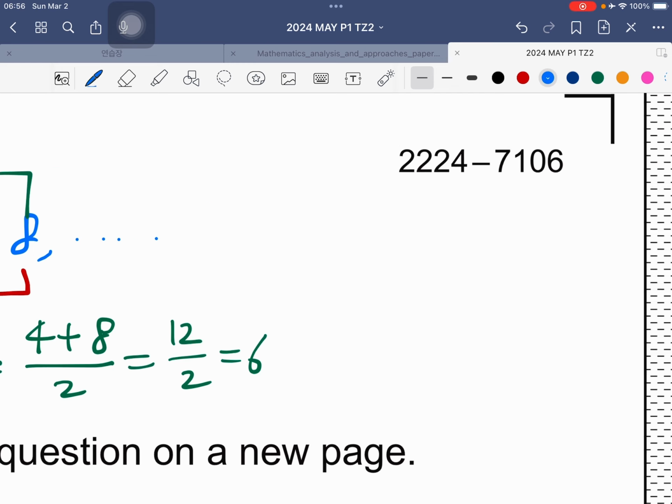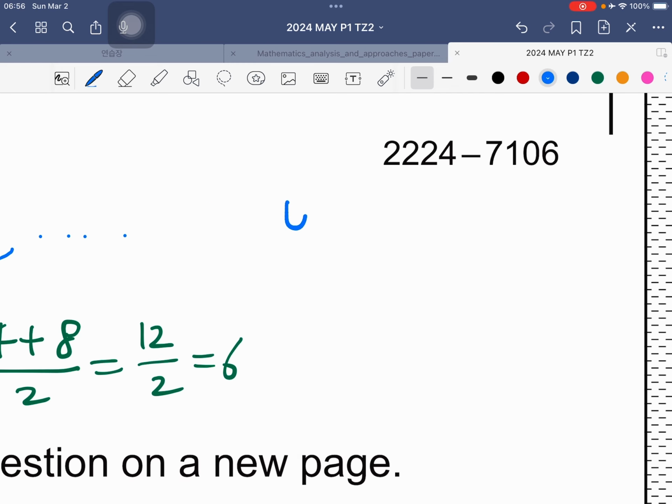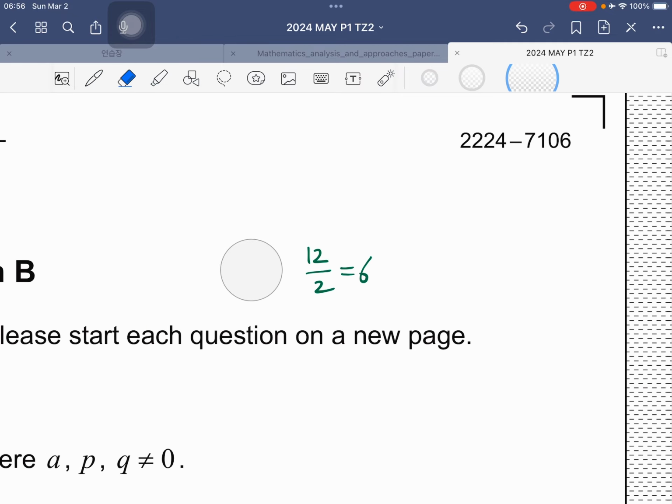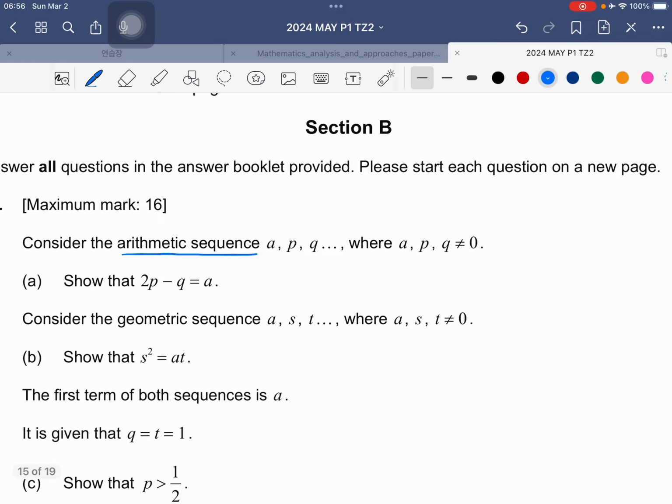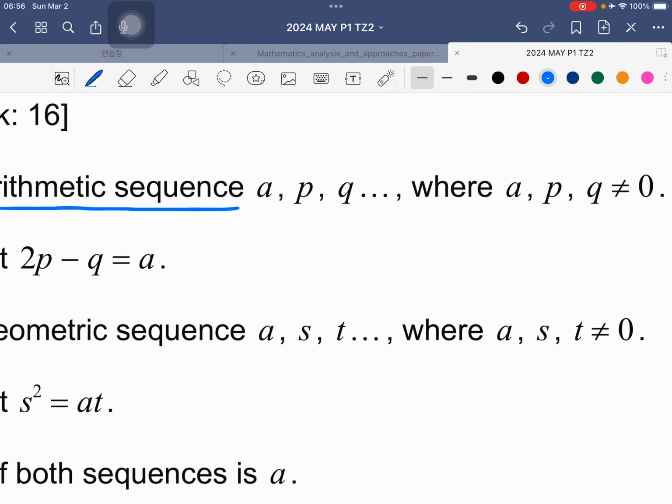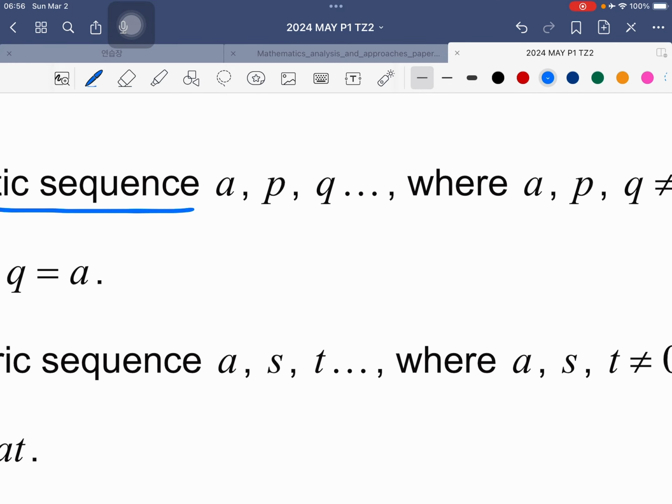What I'm saying is, in this arithmetic sequence, the middle term P is always A plus Q divided by 2.